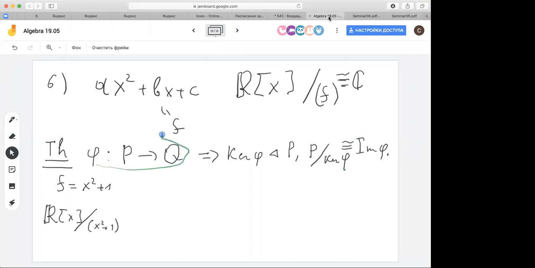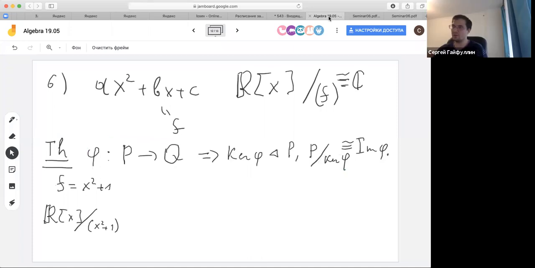Okay. All right. The image of phi is a subring of Q. If this homomorphism is surjective, then the image is Q. Most of all, we will use this theorem when the image is Q.